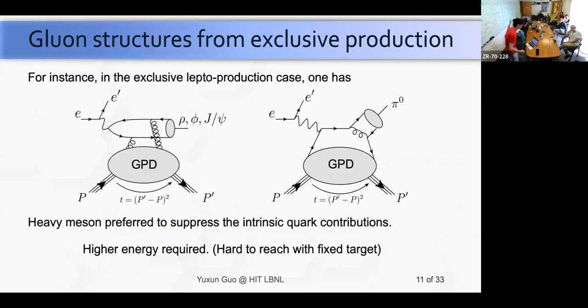But yes, the same picture also exists in the GPD framework. For instance, we consider here the electroproduction of a J/psi-type particle. In this case, a virtual photon first splits into a quark pair, and by exchange of two gluons between them, you eventually form a bound state, a J/psi-type particle.